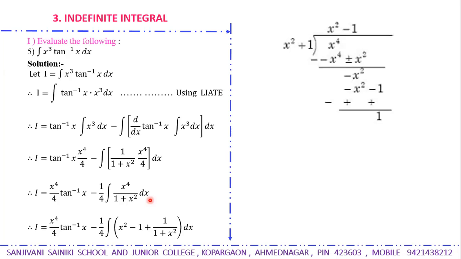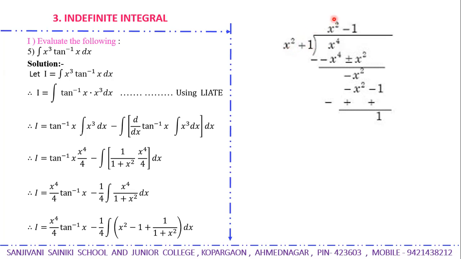Now here we can write this x raised to 4. Here the degree of the numerator is more than degree of the denominator, so here actually we can divide the numerator by 1 plus x square. Okay, so we will actually divide the numerator by this 1 plus x square like this: x raised to 4 divided by x square plus 1.